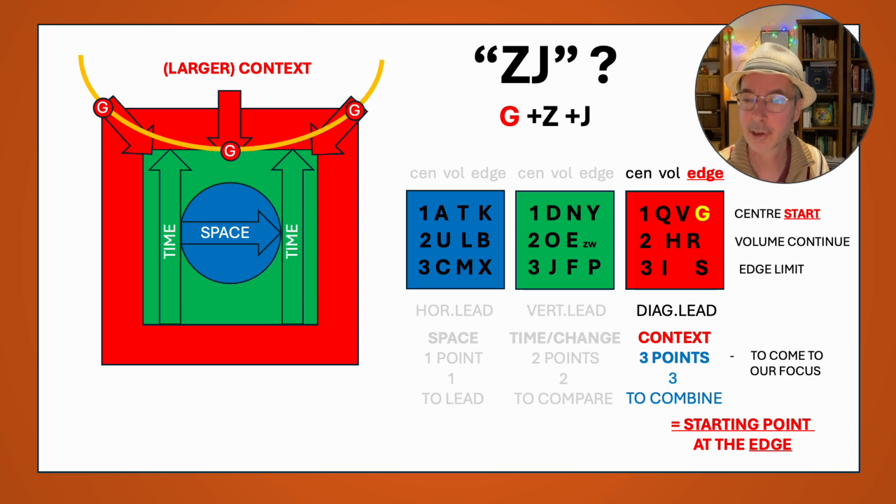It needs 3 points to make up the context. 2 of these points are aside, because that's where you don't know how far it goes, and it goes to a larger area that is connected there. It's like a circle. You have a big circle, and you have a middle point there. That's the G. It also comes down to that point, but it is connected via context to something larger.